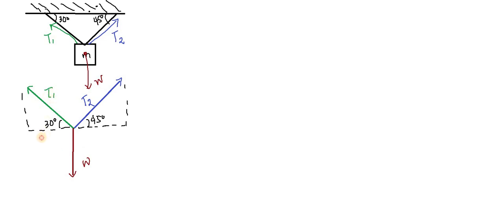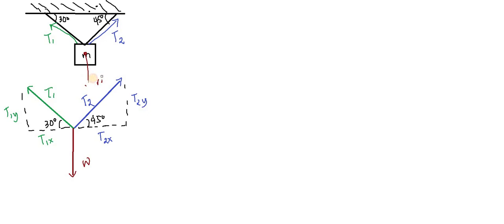This is your T1 sub X, and then this is your T1 sub Y, the Y component. And for the T2, we have here T2 sub X, and then we have T2 sub Y. For the weight, it's only the Y component. Of course, there's no X component. See? So this is the free body diagram.